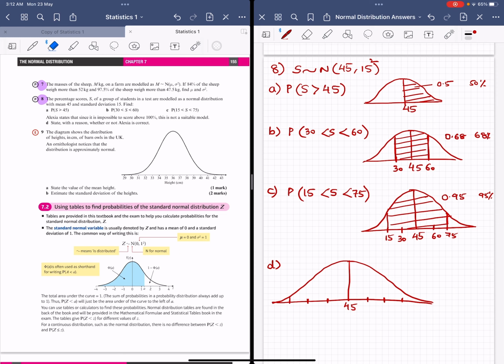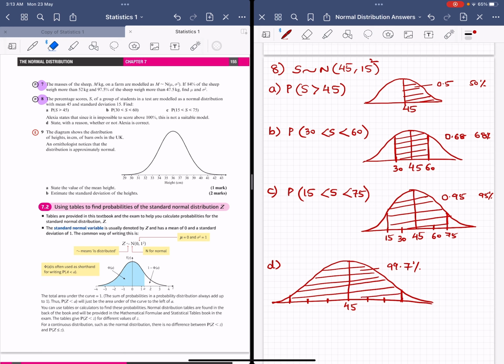So we know that the probability within 3 standard deviations below and 3 standard deviations above the mean is 99.7%.